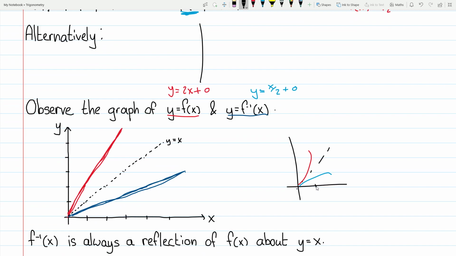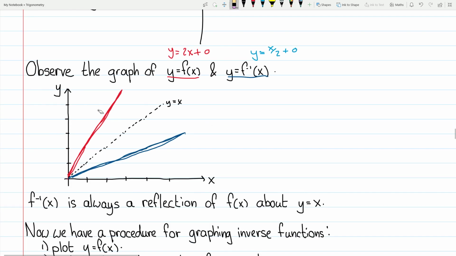So if this is the original function, let's say, and it takes us here, then if we plug in this value here, which is probably closer to around this point, we now go up and it goes along here, and this length here is the same as this length here. But yeah, that wasn't particularly clear. I apologize for that. But it's generally true that if you have a graph of your function, then the inverse function will be a reflection over this half line.